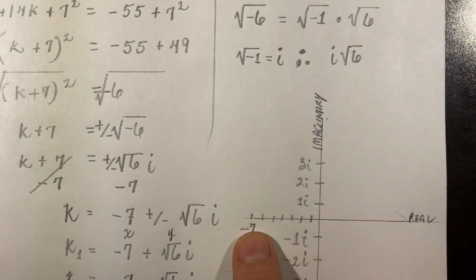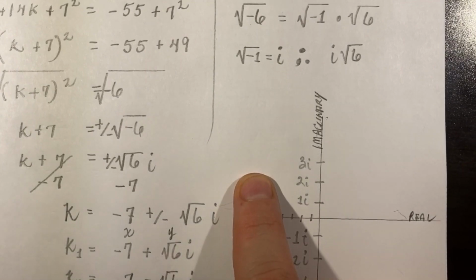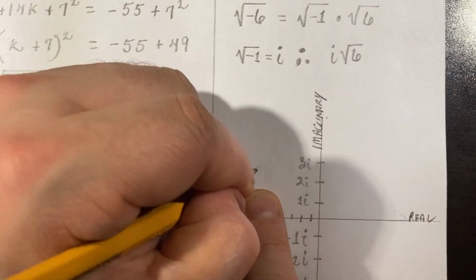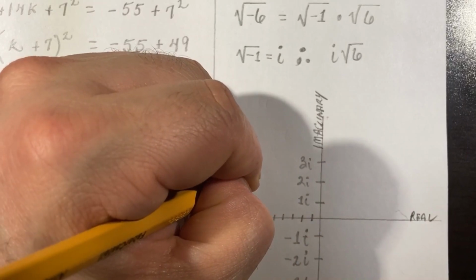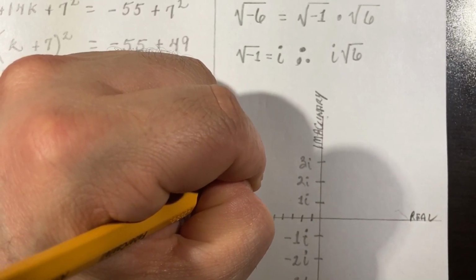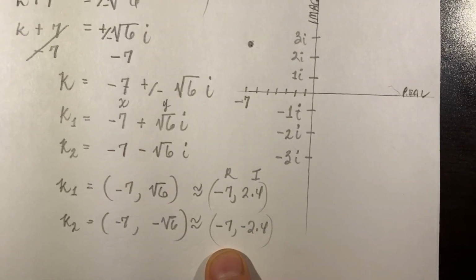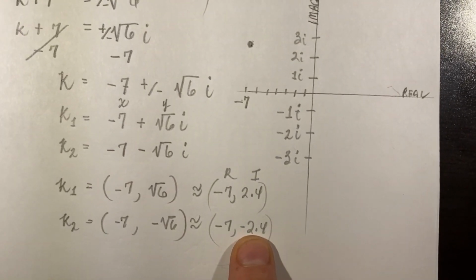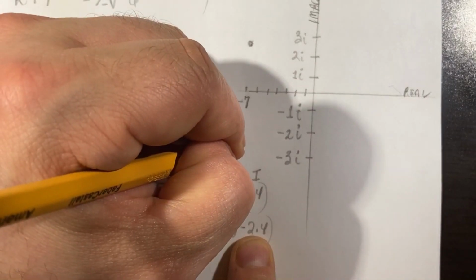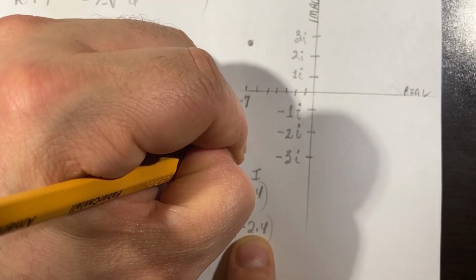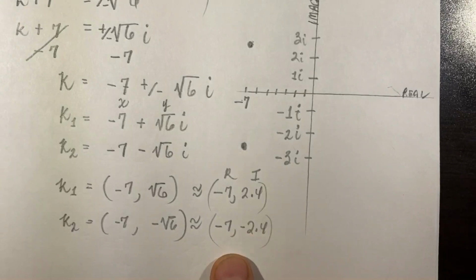And so to plot these points, it's negative 7, 2.4. That's negative 7 on the real, 2.4 on the imaginary. Negative 7, 2.4 would be about right there. Okay? And then you have negative 7, negative 2.4. And so that would be about right here. And so these are actually solutions. Okay?